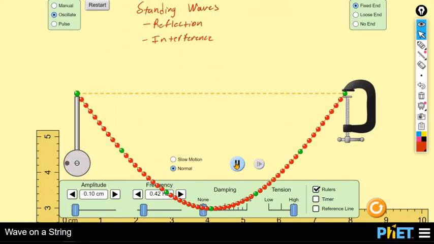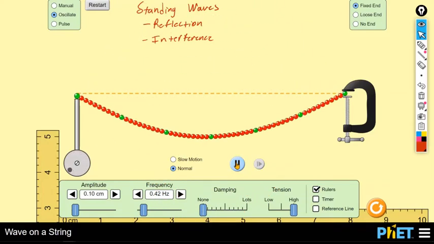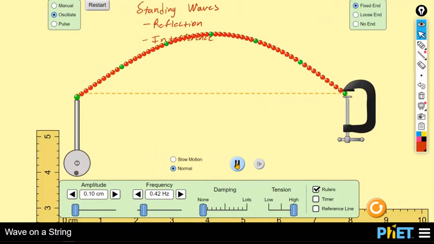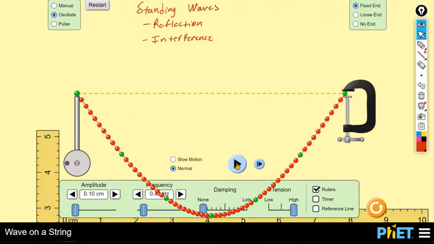Okay? Now, this isn't the only special frequency. This is just called the fundamental frequency. This is the first frequency that produces a standing wave. It's also called the first harmonic.